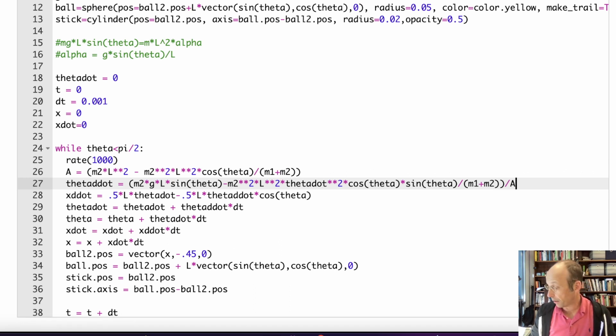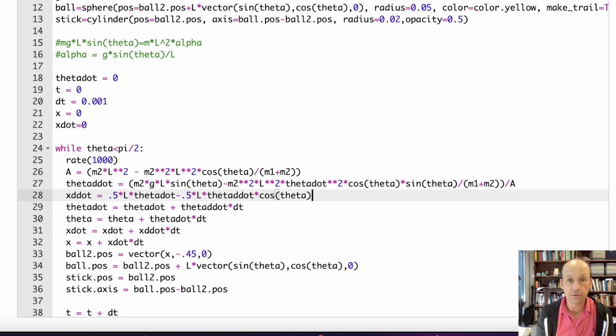Now I can calculate my x double dot. I'm going to retype this equation because I don't think this is right. Actually, it's not right because I have the masses in there now too. So x double dot is going to be M2 times L times theta dot squared times sine theta. This all needs to be in parentheses.